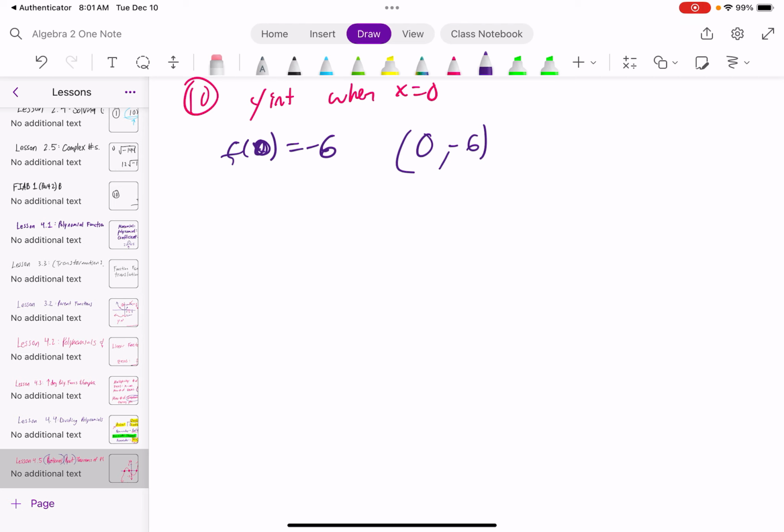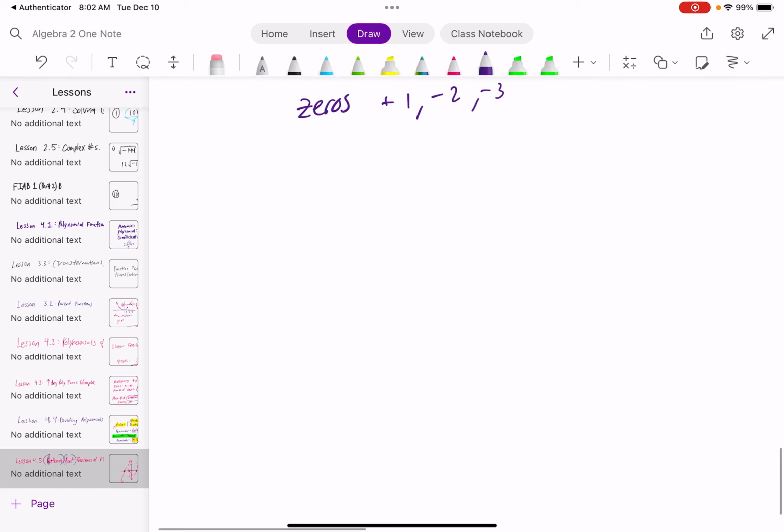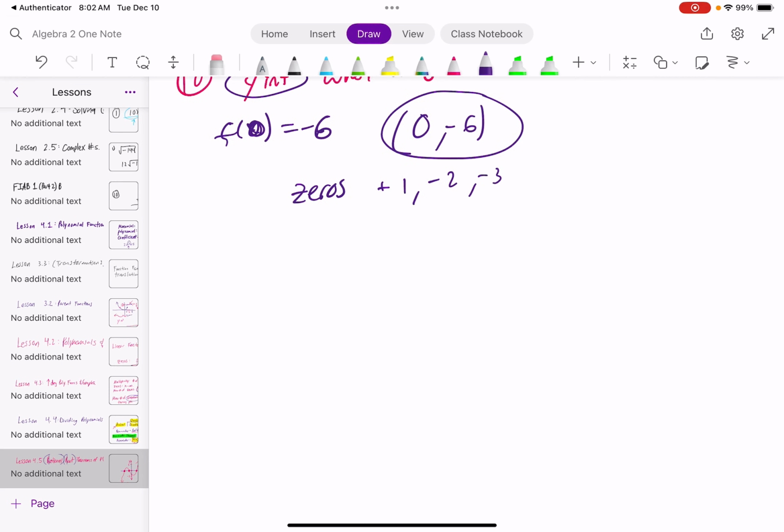Number 11, sketch the graph below in your notebook. All right. It should be one that follows all the rules. It has to have this as the y-intercept. It has to have the zeros of -1, +1, -2, and -3. And so I think you could figure that out.